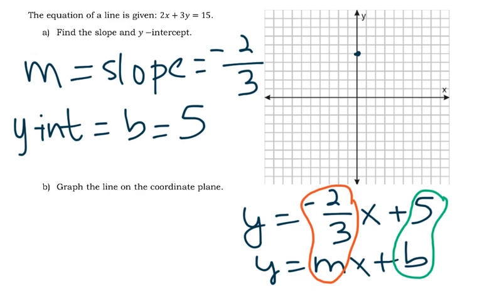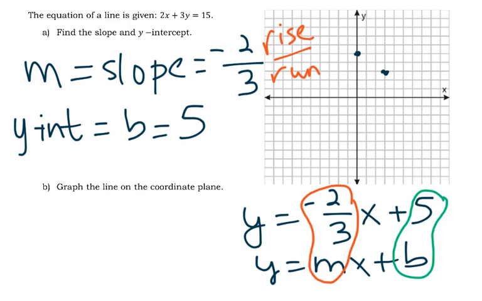Remember, slope is the same thing as rise over run. So starting here at the 5, I'm going to count down 2, because there's a negative there, and then go to the right 3. Down 2, right 3 gives me this point right here.